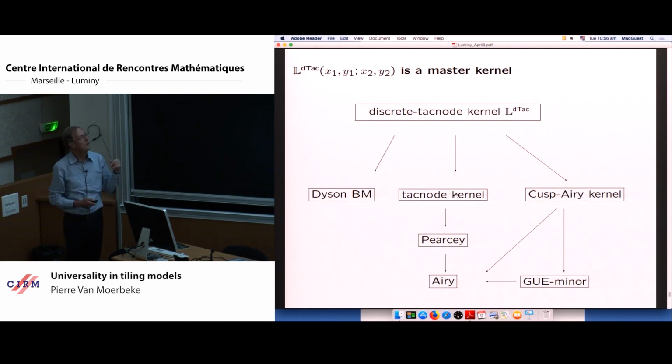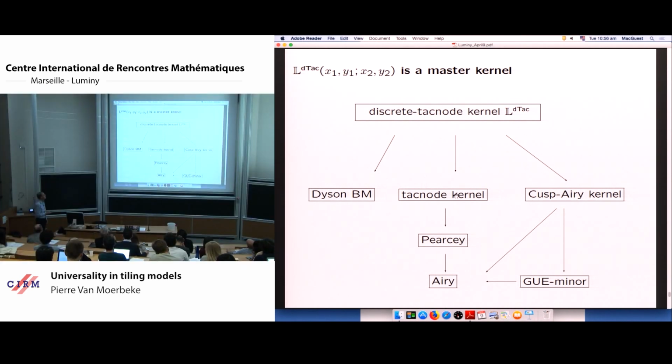That means the Dyson-Brownian motion, the tacnode kernel, which I didn't mention here, the cusp Airy kernel, all these are appropriate limits of the discrete tacnode kernel.